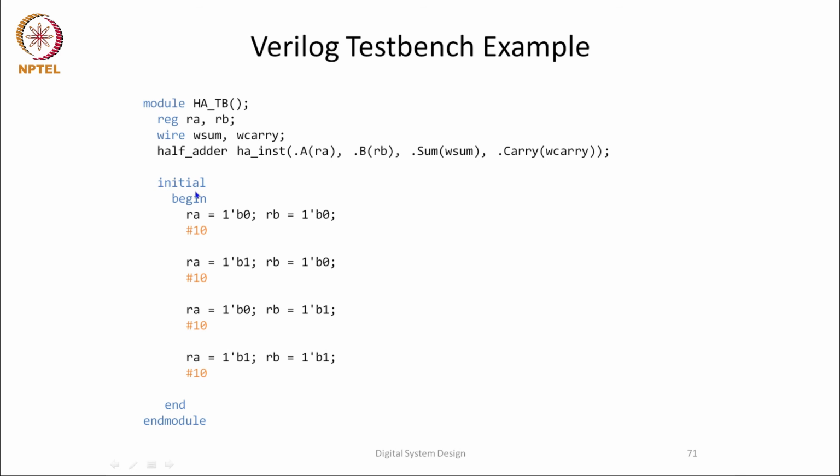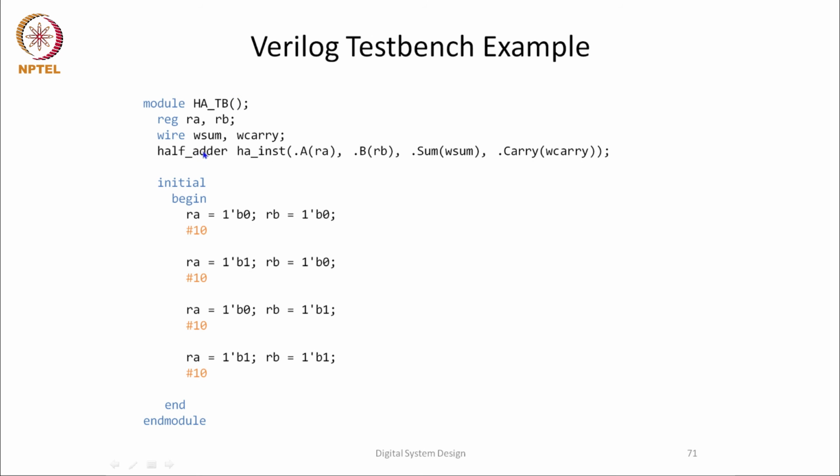In the initial there has to be a begin and an end, which are like starting curly braces and ending curly braces. This particular block is called initial. Initial essentially means that it would run once, whenever your execution starts.